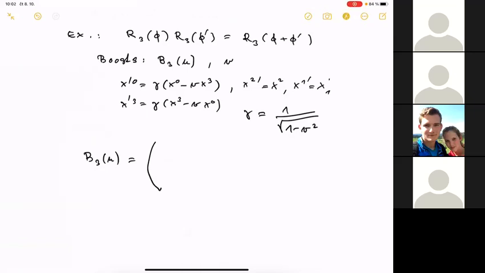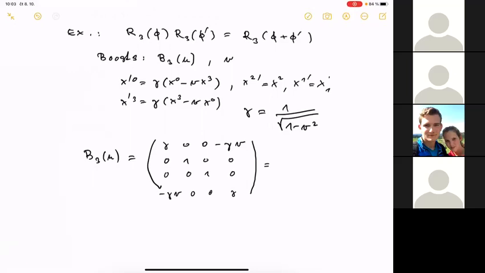Simply we get gamma, 0, 0, minus gamma v from the transformation of x0; 0, 1, 0, 0 from the transformation of x1; 0, 0, 1, 0 from the transformation of x2; and finally minus gamma v, 0, 0, gamma from the transformation of x3. And this can be parameterized in another way, simply using the parameter which is known as rapidity.